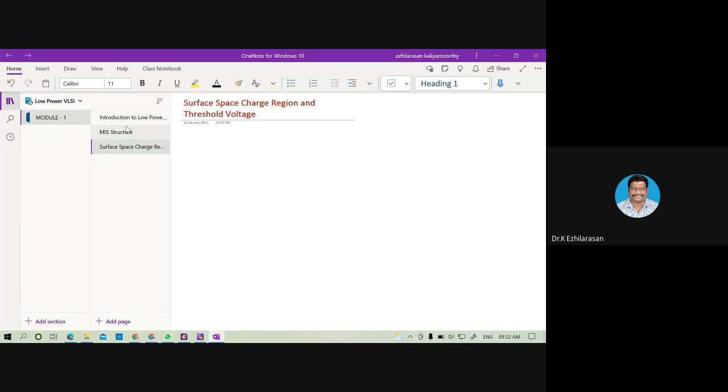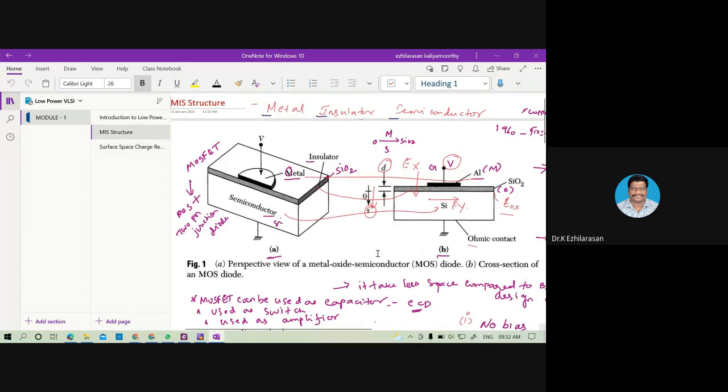In the previous class we studied the MIS structure, that is, MIS stands for metal insulator semiconductor, the MIS diode. In that we studied the three categories of operation: the first is accumulation, the second is depletion, the third is inversion.